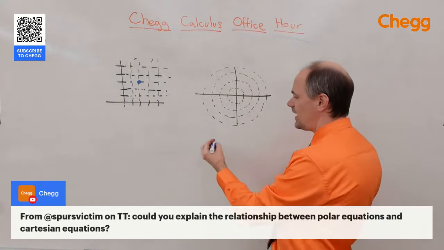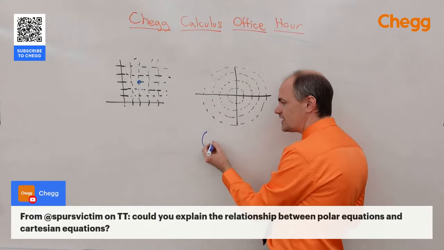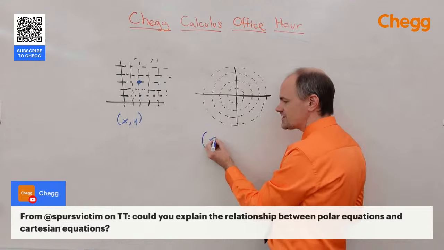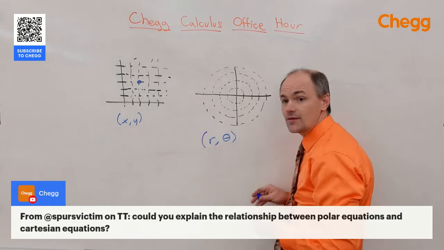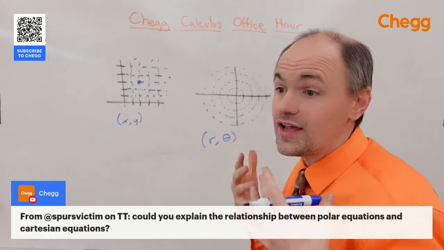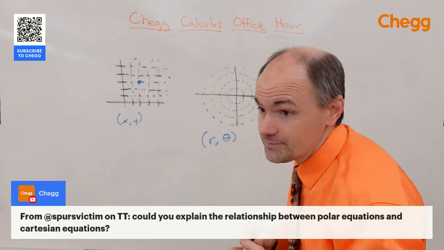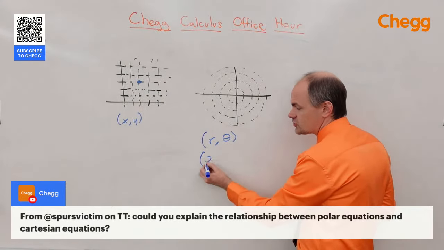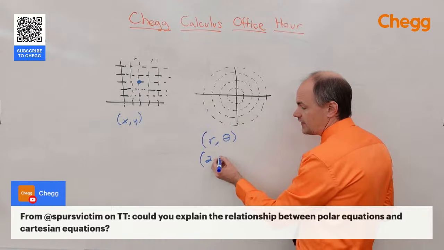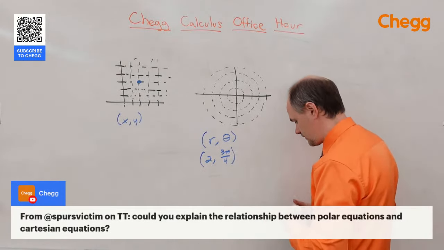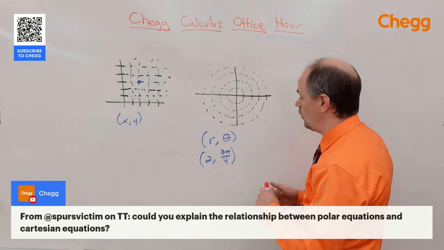So instead of giving an xy point like we had here, now my point is going to be some radius and some angle theta. This really is going to bring in a lot of the concepts that you saw in your trigonometry class. So let's say I've got a radius of 2 and an angle of 3π/4.